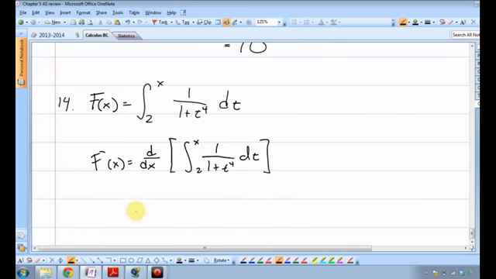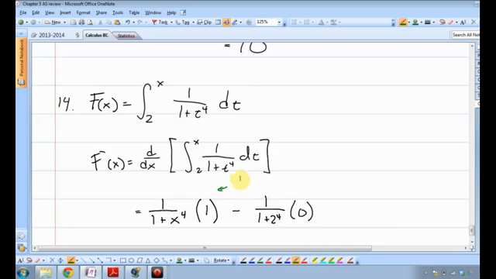I'm going to substitute 1 over 1 plus x to the 4th times 1, minus 1 over 1 plus 2 to the 4th times 0.